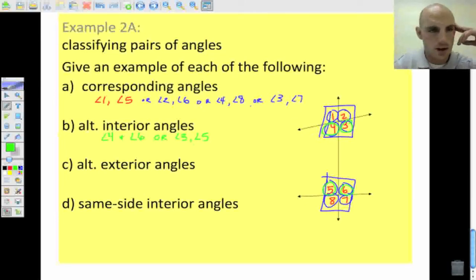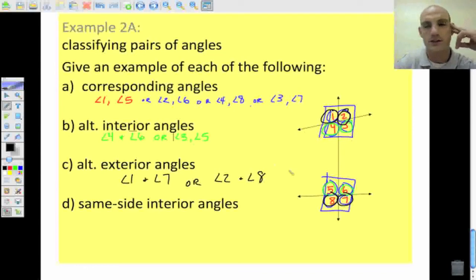Alternate exterior. We'll go in black for these. So 1 and 7, because they're on the outside of those lines and on opposite sides of the transversal. Or I have another pair because I have 2 up here. That goes with 8 because they're alternating, and they're on the outside.